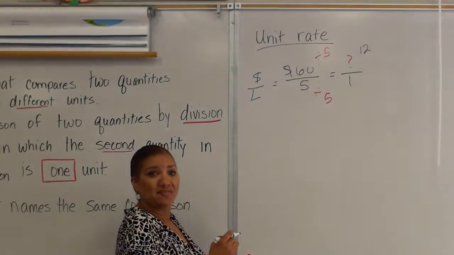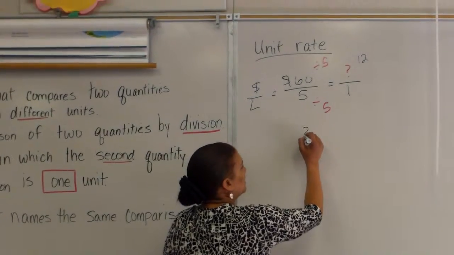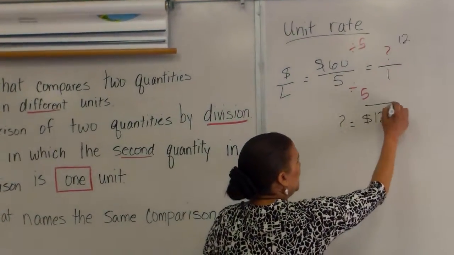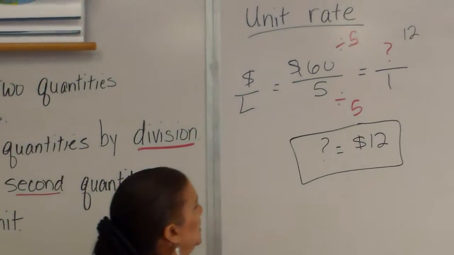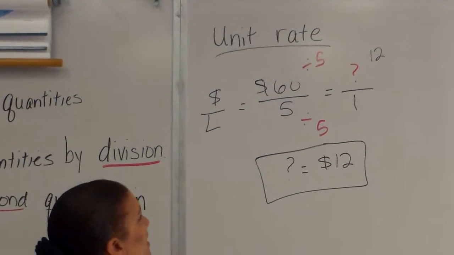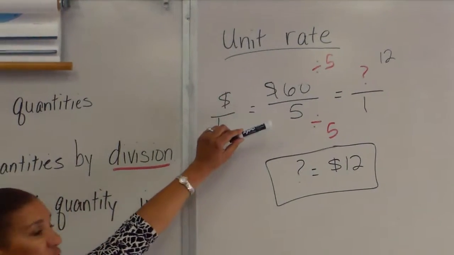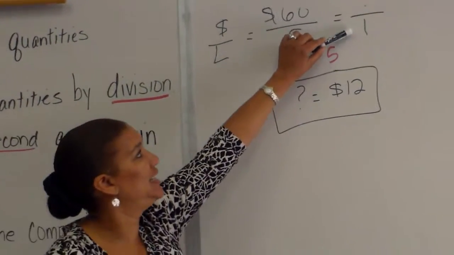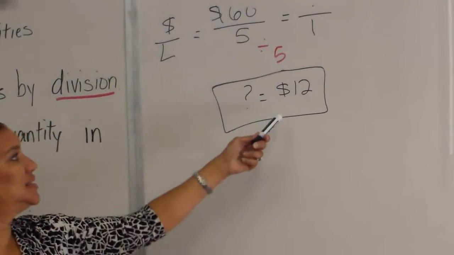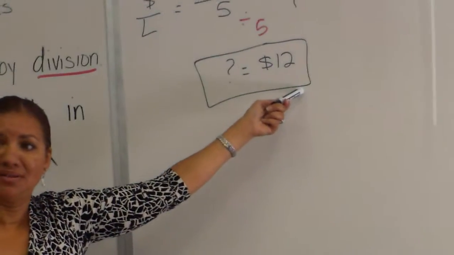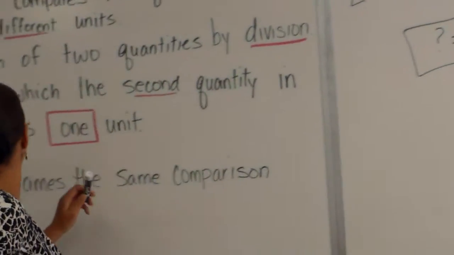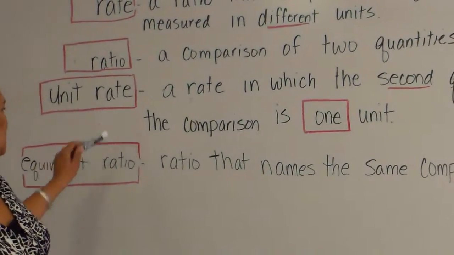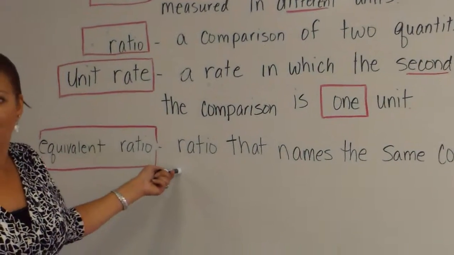So now I have my unknown number. My unknown number is $12. So I now know that it costs $60 for 5 lessons. How much does it cost for 1 lesson? It costs $12. We have just solved the unit rate by using equivalent ratios.